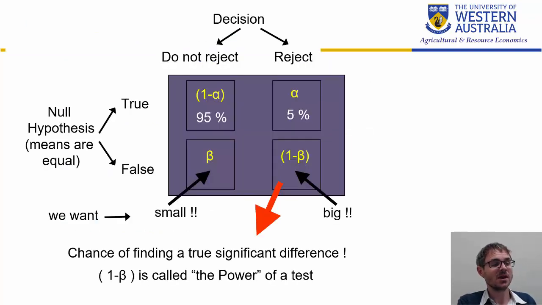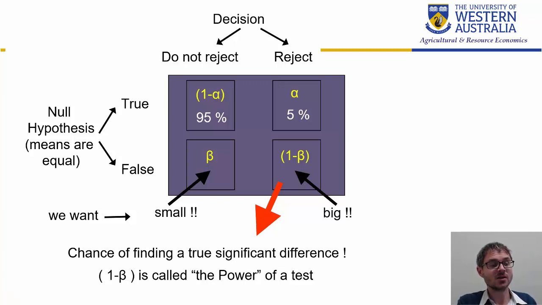So what we've got up here, I've got the four possibilities that we can have. When you have a null hypothesis, it could be that it's true or it's false, right? So there are the two options. And once you have that, you've got a decision to either reject or not reject the null.